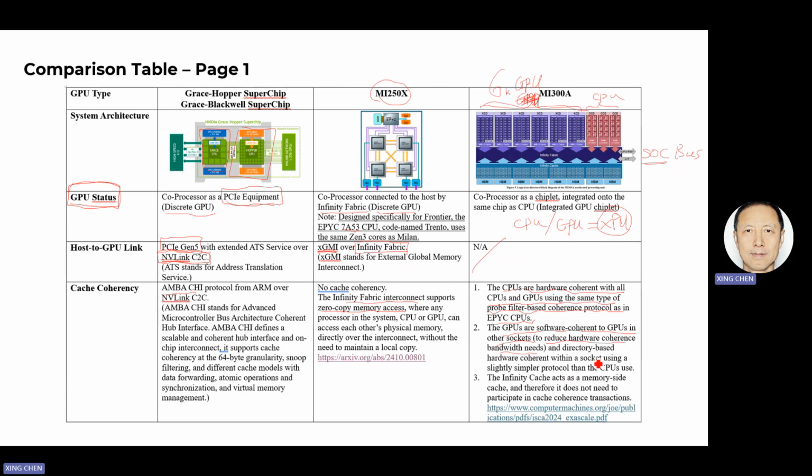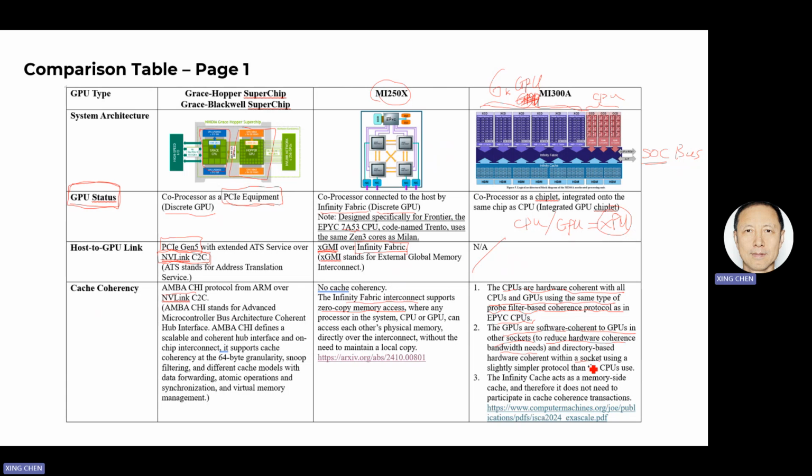For these 6 GPUs, you have directory-based hardware coherence within a socket, using a slightly simpler protocol than the CPUs. Basically, they are running the same kind of protocol as the CPUs, but they are simpler.